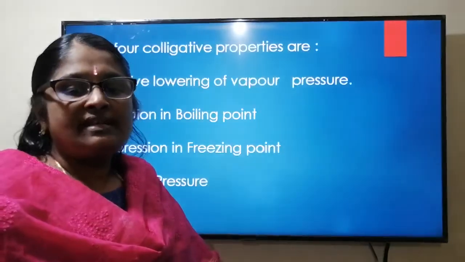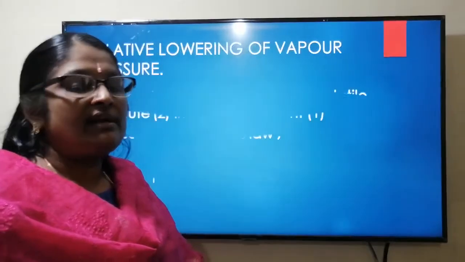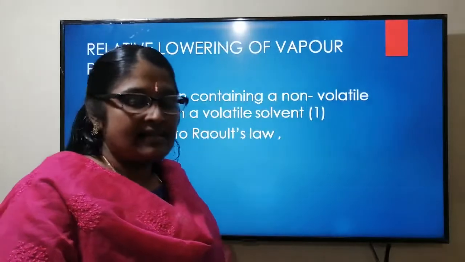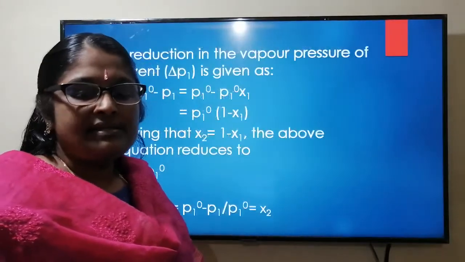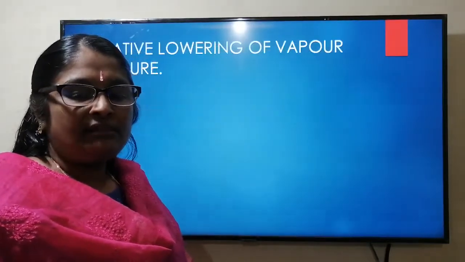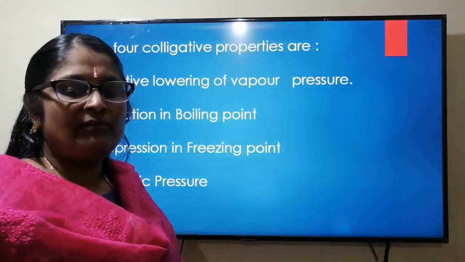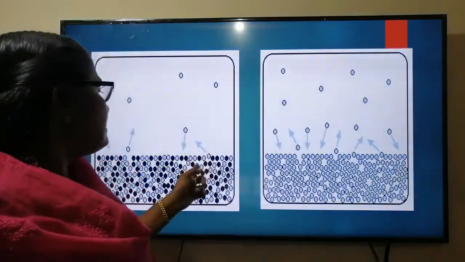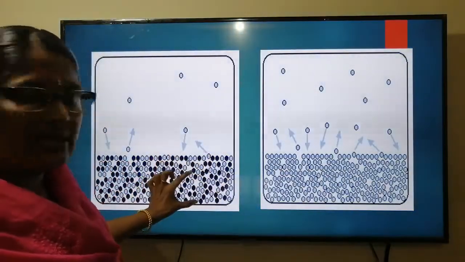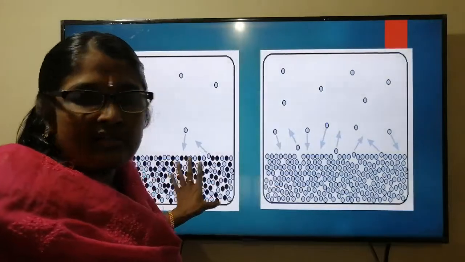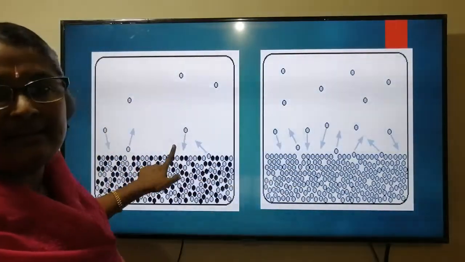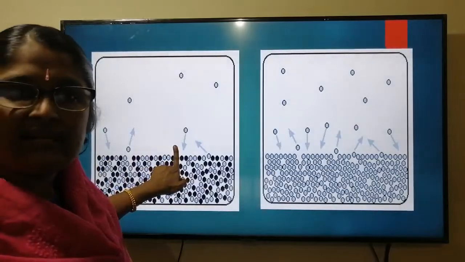So first, let us take the relative lowering of vapor pressure. Just now, with the help of the figure, we have seen that by adding a solute to a pure solvent, its equilibrium vapor pressure decreases.